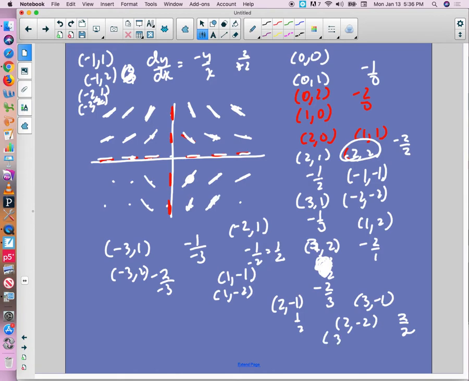And (3, -2) will give me 2/3, so a little bit more. Okay, what do I have here? (-2, -1) would give me negative y over x, which is -1/2. And (-3, -1), y would be positive over -3, so -1/3.